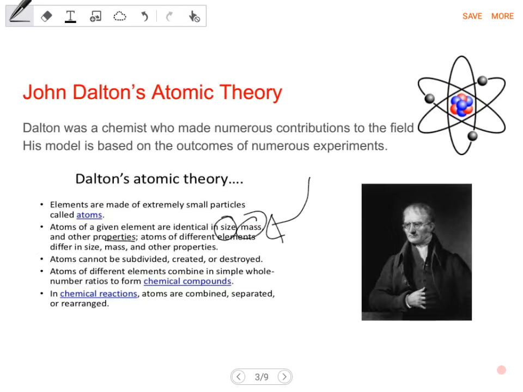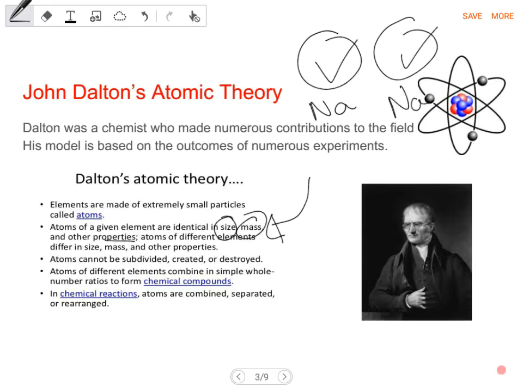So basically, if you had an atom of, let's say, sodium, that's Na, and you had another one, they should be exactly the same. They should have the same size, the same mass, the same properties. You can see here that Dalton also agreed atoms cannot be subdivided, created, or destroyed.